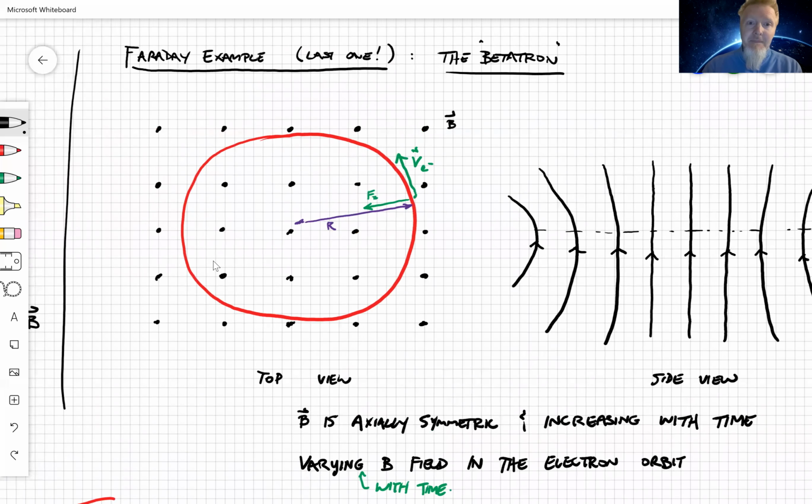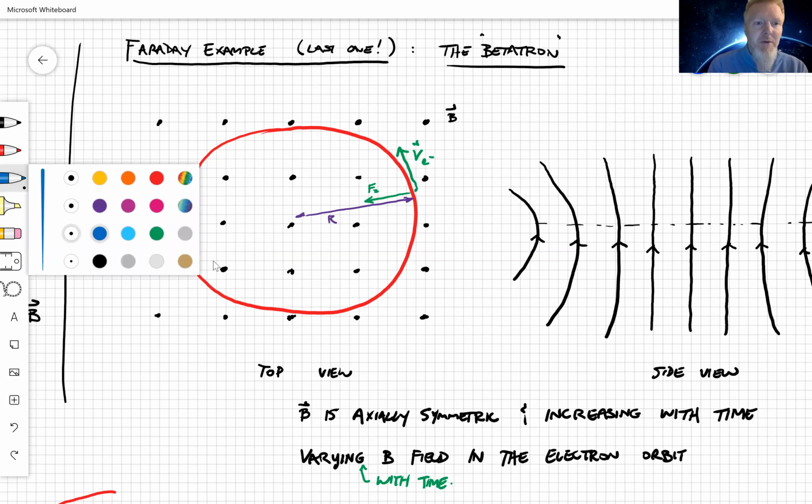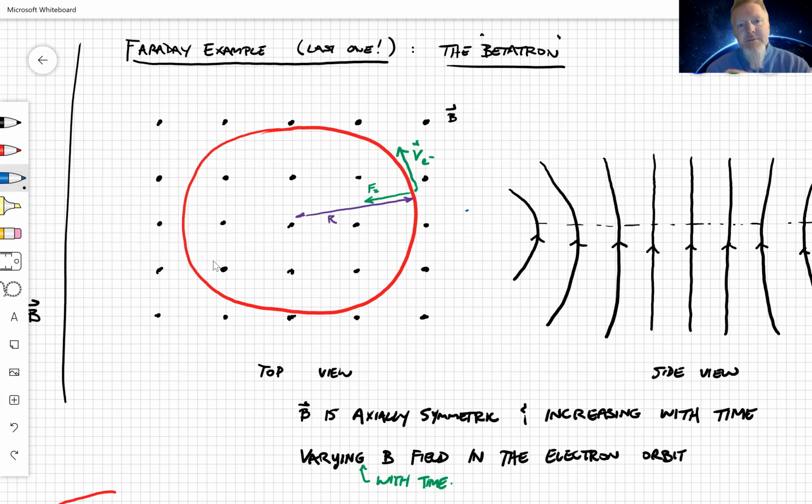Because of the increasing flux, the E field is circulating, so I'm going to draw it like this. This is a circulating E field.